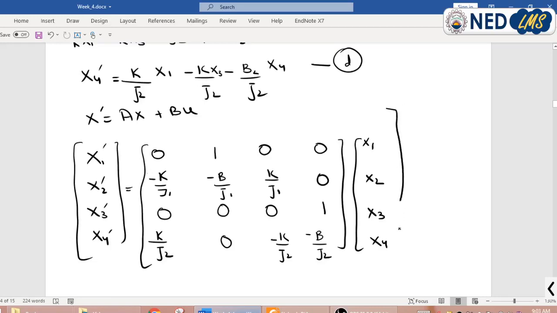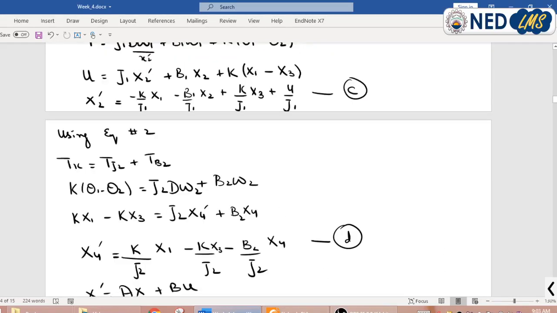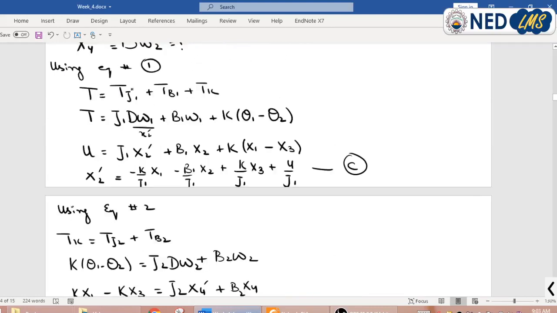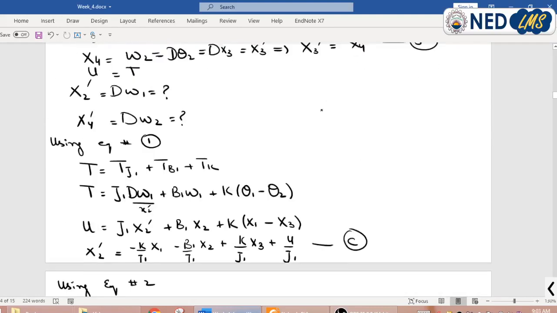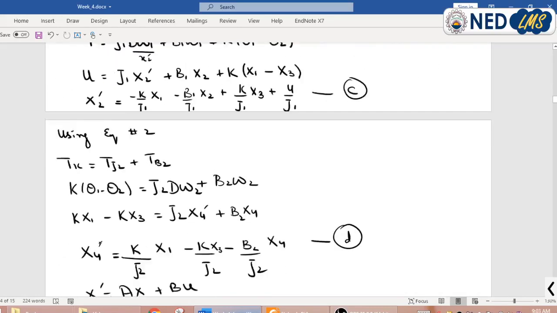This is basically my state space representation plus Bu. U is only present in equation C of x2 dash, no u in x1 dash, x3 dash, or x4 dash.